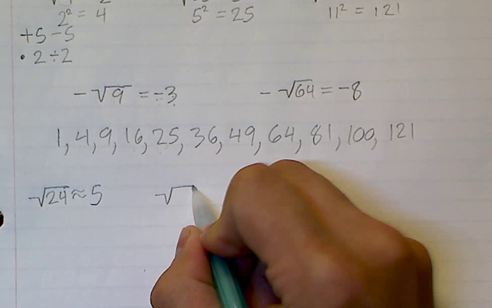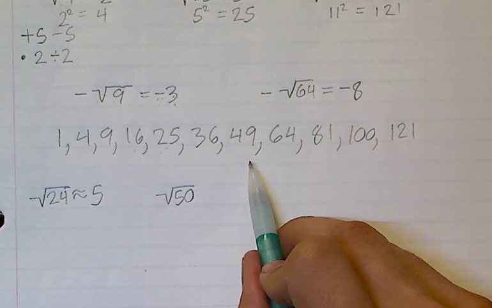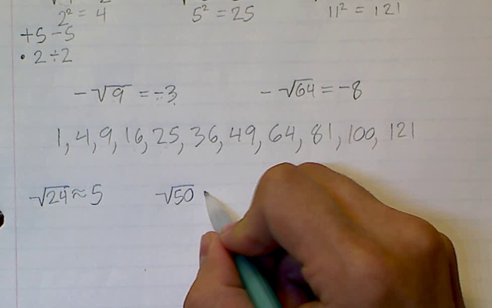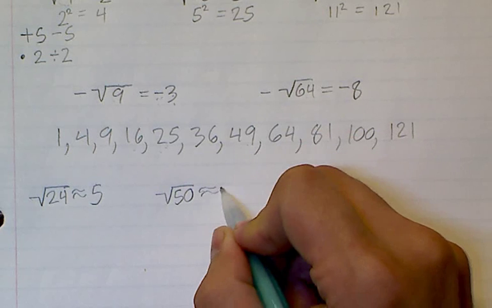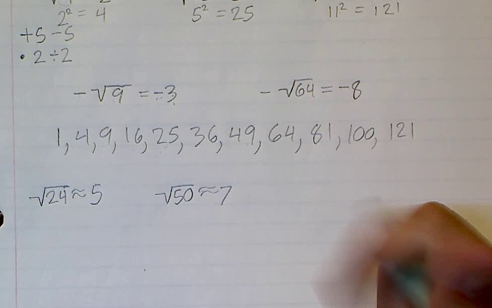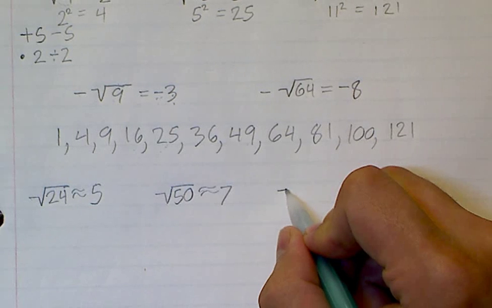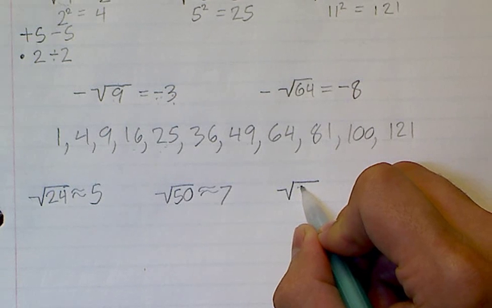So just to see another example, let's do those real quickly. Square root of 50. What's that closer to? It's closer to 49. So we'd say, well, square root of 49 is 7. So the square root of 50 is about 7. Okay? What about the square root of, let's say, 90?